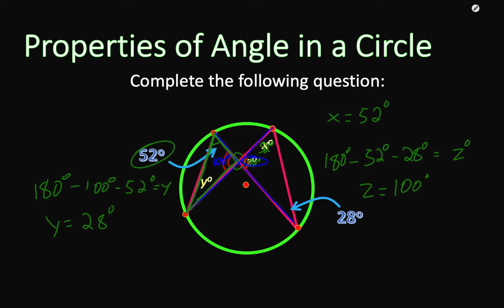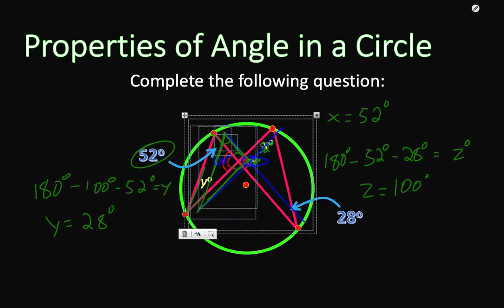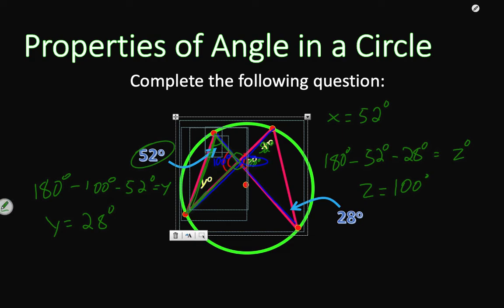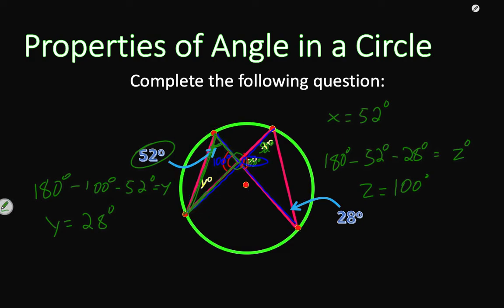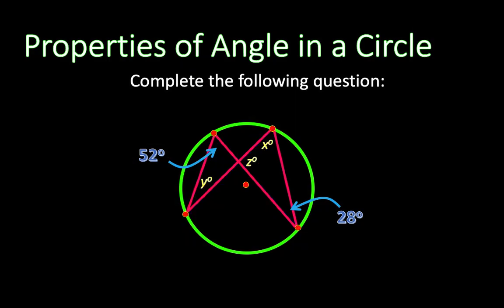Okay, let's say that you were feeling really stuck on this one because you didn't realize at the very start that this angle was inscribed by these 2 points, and this angle was inscribed by these 2 points. Let's say you didn't see that. How else could you start this question?